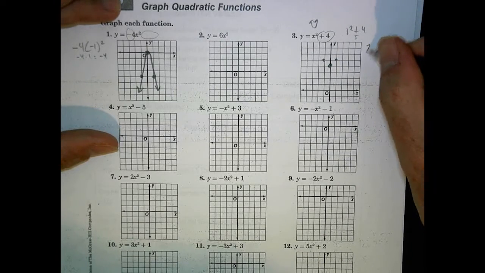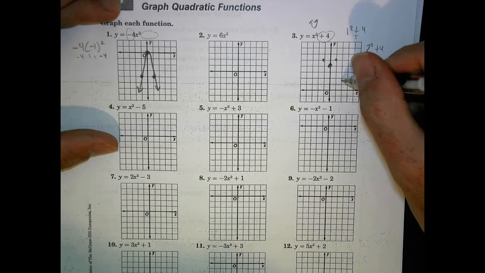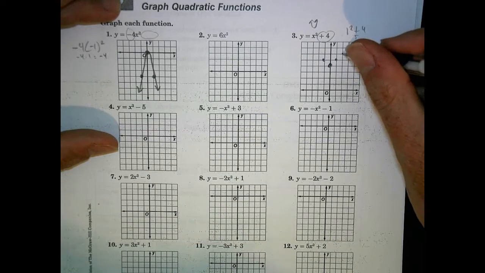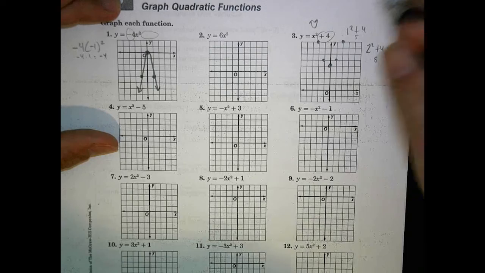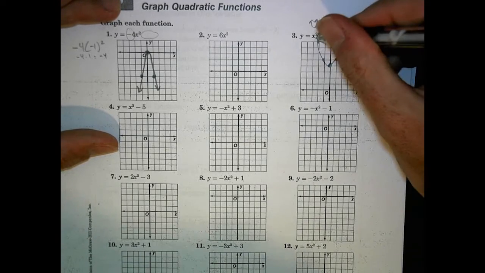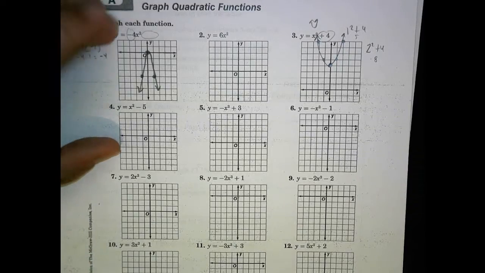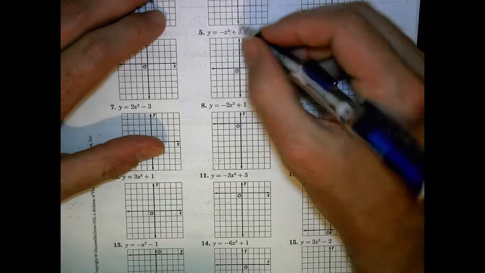If I wanted to do a 2, I could do 2 squared plus 4. 2 squared is 4 plus 4 is 8. So at 2, we're going to be at 8 right up here. And again, reflect that on the other side there. And then draw my curvy line, my U, like so. And there's number 3.